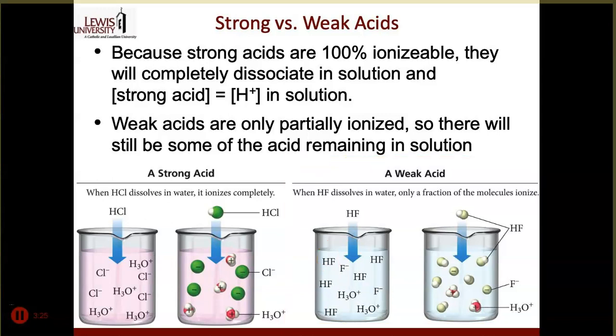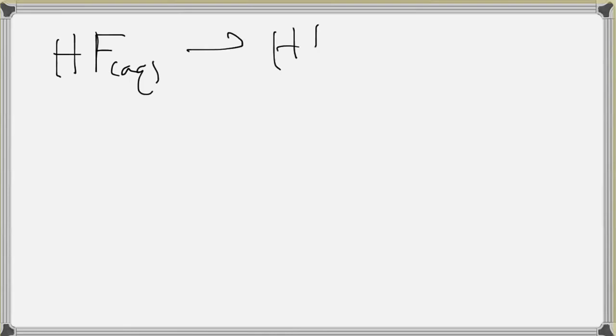And that's really the way we can determine whether or not something is a strong acid or a weak acid. It has to do with the degree of dissociation. And so for HF, if I put this in water, what's going to happen is a little bit of it's going to react in the forward direction, and it's going to lose some proton, but at the same time, this can react in the reverse direction to form HF, so I have all three things in solution.